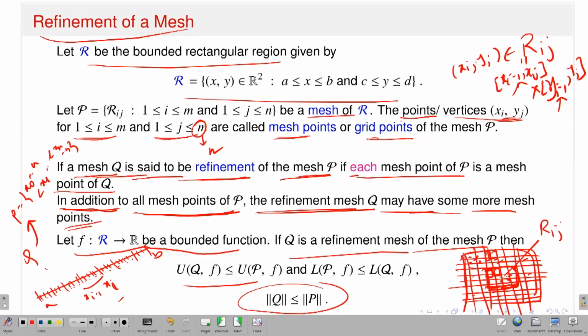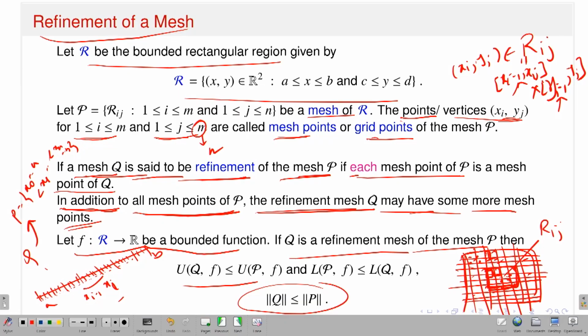So if I take the supremum and infimum, of course in that case U(Q,f) will decrease, right. And similarly, L(Q,f) will increase. Okay. So that is why this is quite clear, because you are making finer partitions of your subcell Rij. Of course the norm also decreases, because the area or diameter will decrease.